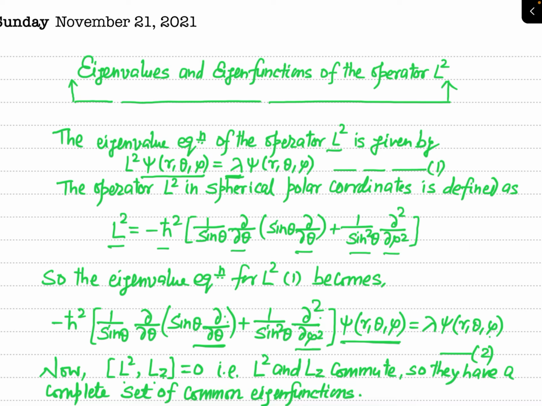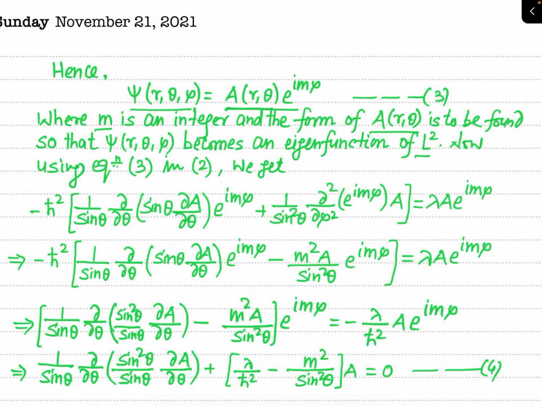And similarly in the second term, as the partial differentiation is with respect to phi, e raised to the power i m phi will be differentiated, but a will be treated as a constant. So you can see here, in the first term I have differentiated this a because a is a function of theta, and we have taken this e raised to the power i m phi outside of the differential operator.